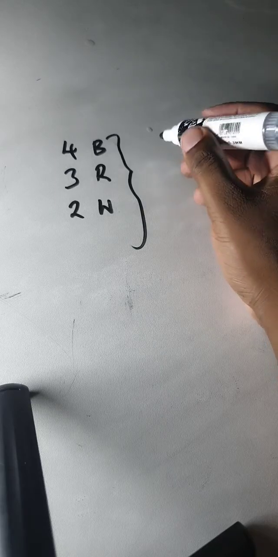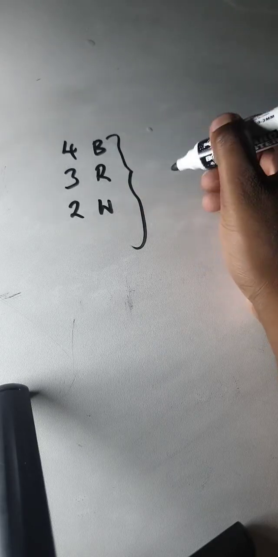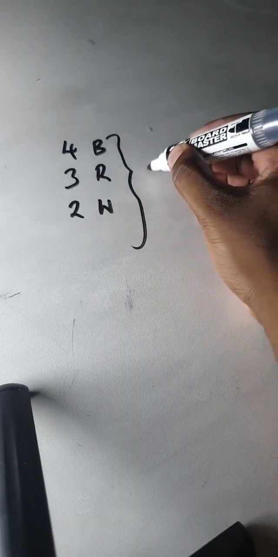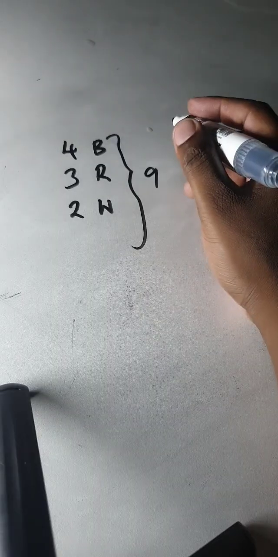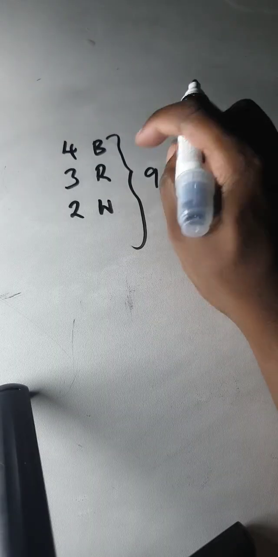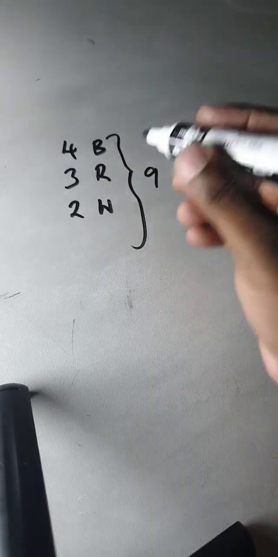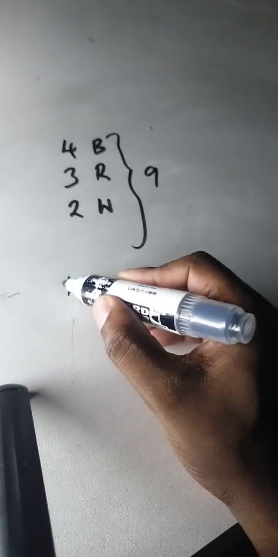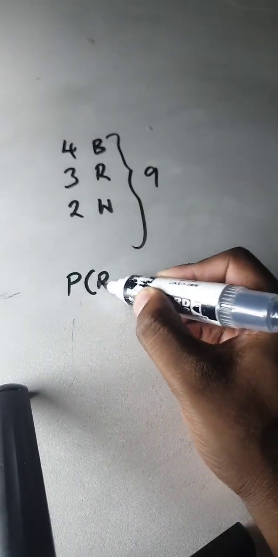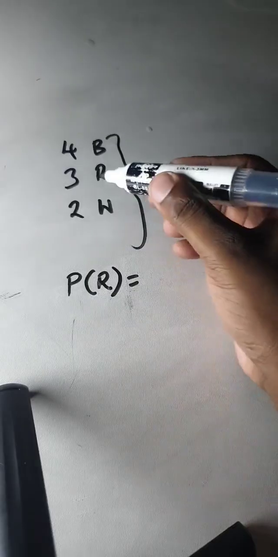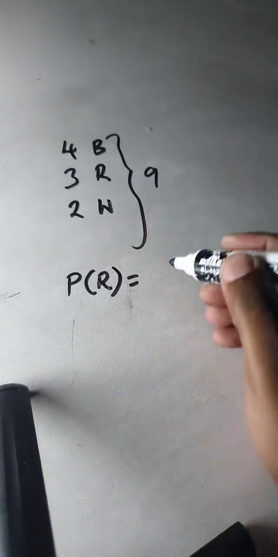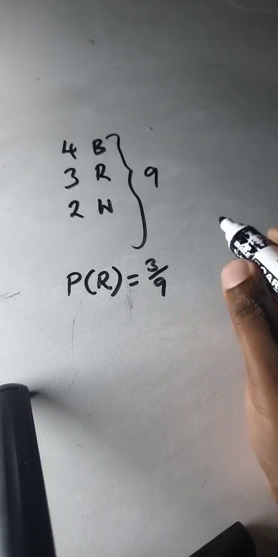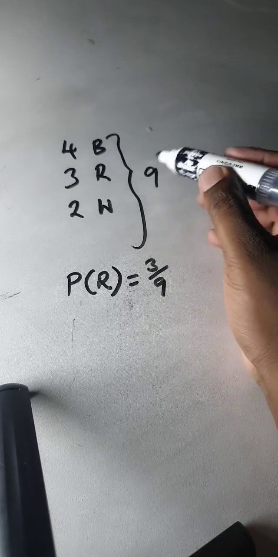It's 9. So they are saying, what is the probability of picking at random a red marble? The probability of picking a red marble will be 3, but out of how many? 9. 3 out of 9, because there are only 3 red marbles out of 9.